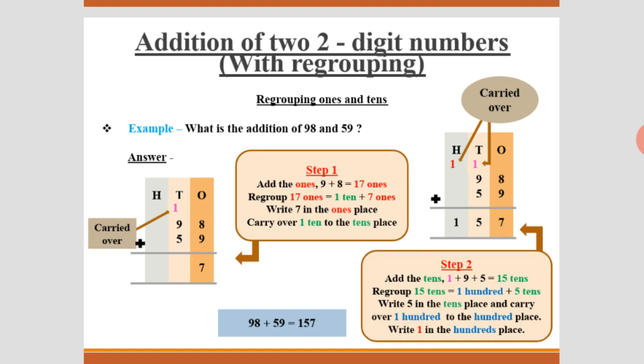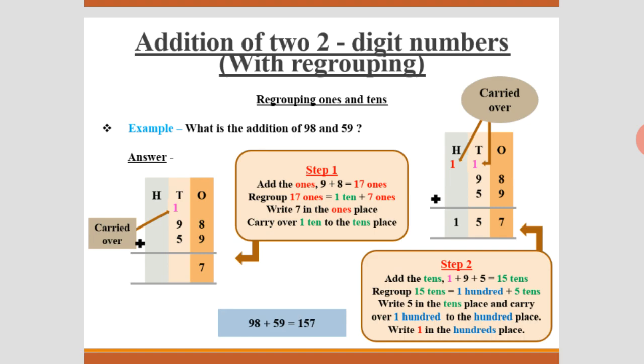First, we arrange the digits based on the place value. Look at step 1. Sum of the ones digits 8 plus 9 is equal to 17 ones. Regroup 17 ones as 1 ten and 7 ones. Thus, write 7 in the ones column and write 1 in the tens column.